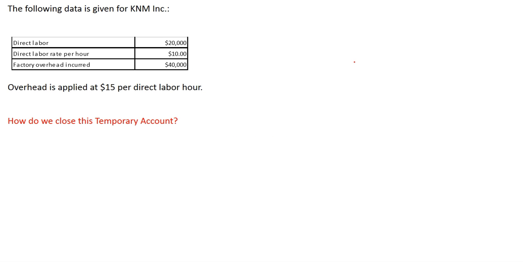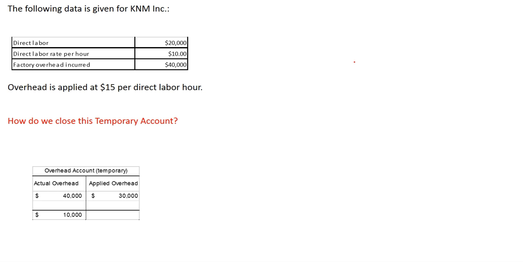Now, coming back to how we close this temporary account, we have a temporary account and we have a debit balance of $10,000, right? Actual is $10,000 more than applied, and let's assume it's end of the year and we need to close this temporary account.